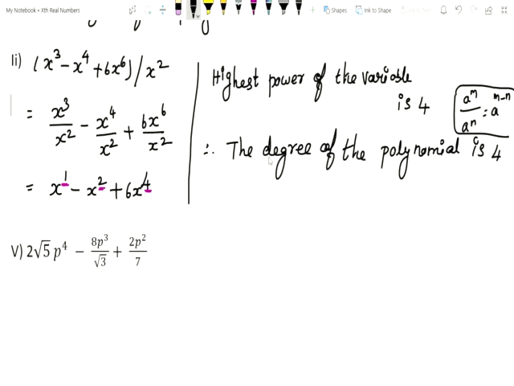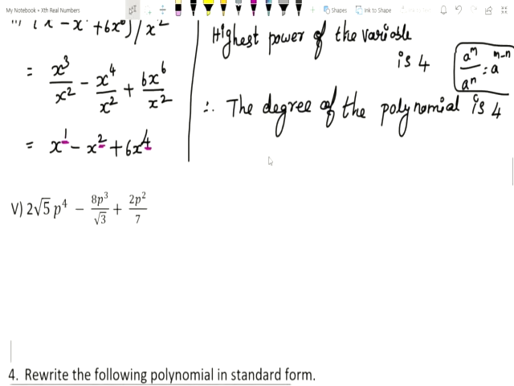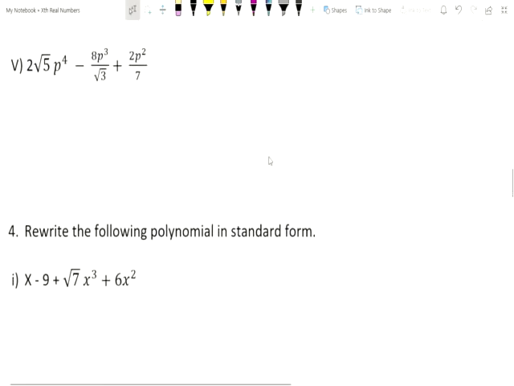See the next question. Root 5 p power 4 minus 8 p cube by root 3 plus 2 p square by 7. Here p is the variable. See the power of the variable: 4, 3, 2. So in this, which is the highest number, children? 4 is the highest number.